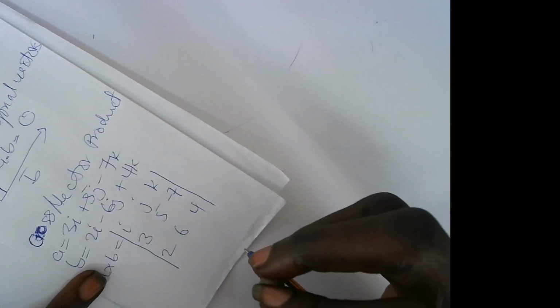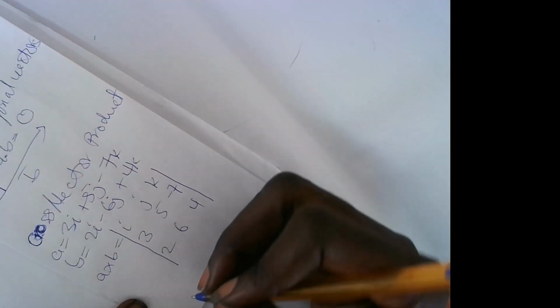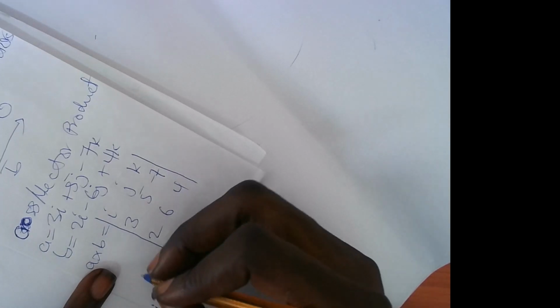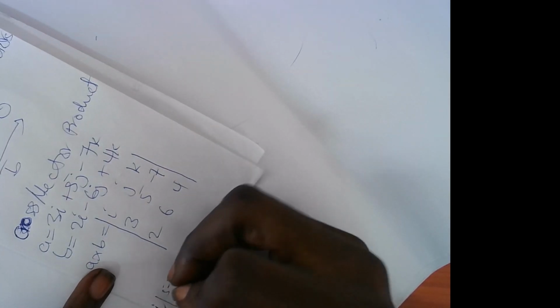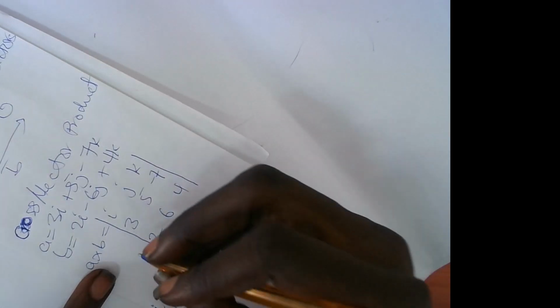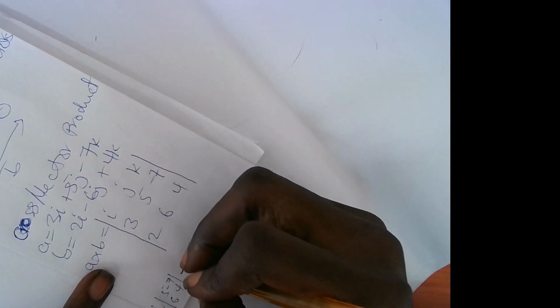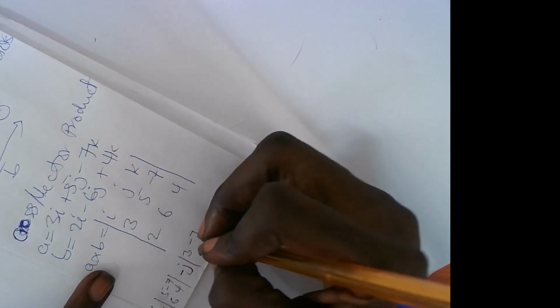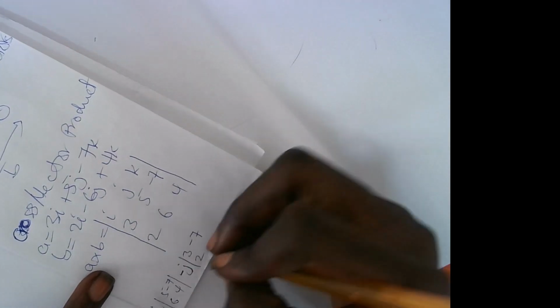So now we are going to have i times the determinant of 5, minus 7 and then minus 6, 4. Just mind the order that I'm doing it. Look at the order very well. And then minus j times 3, minus 7 and then 2, 4.